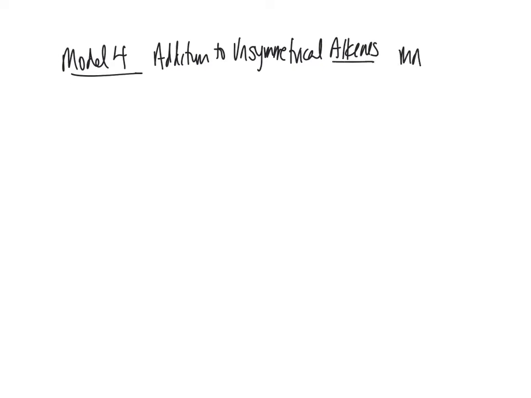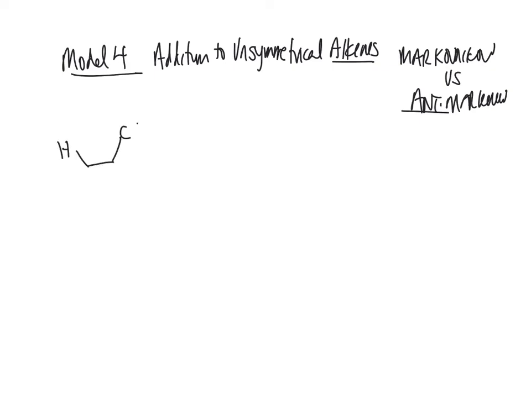This is where we're going to talk about Markovnikov versus anti-Markovnikov. Okay, so we're going to talk about Markovnikov and anti-Markovnikov. So let's go ahead and get this model down.